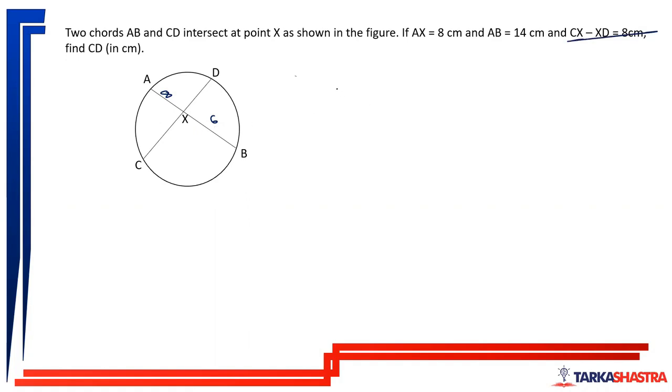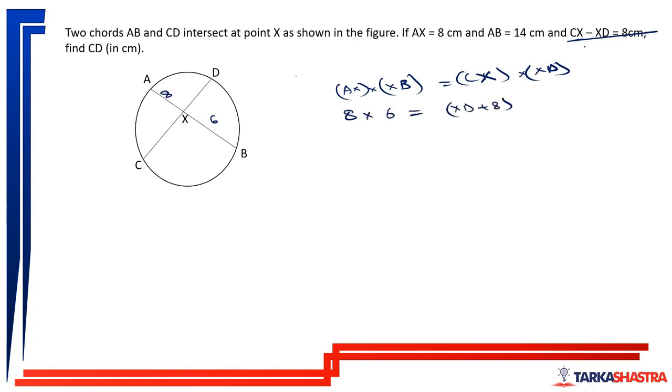Okay, very easy. We have this property: AX into XB is equal to CX into XD. AX is 8, XB is 6, CX is XD plus 8.